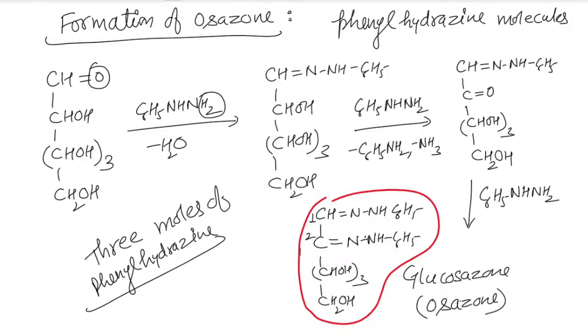That means glucose, mannose and fructose, all of them will give the same osazone and involve 3 moles of phenylhydrazine. Okay, beta.